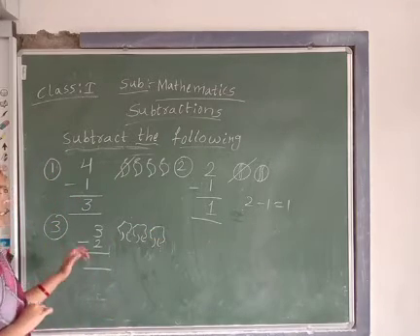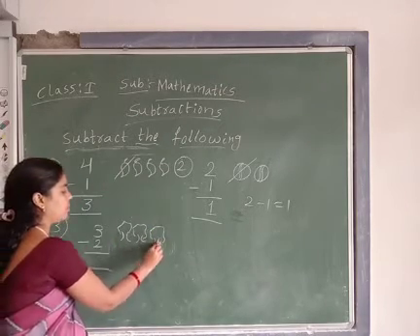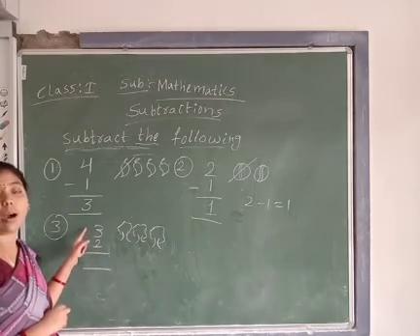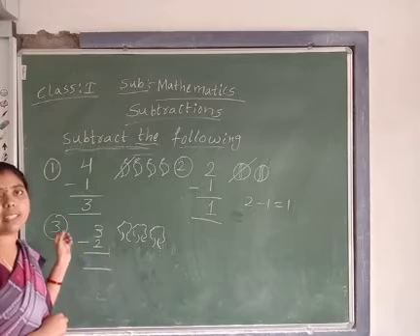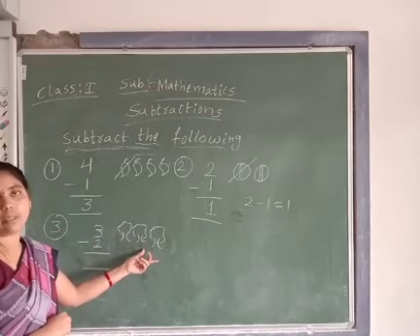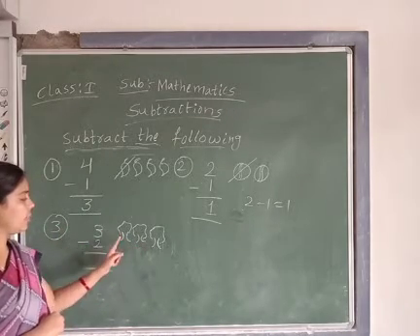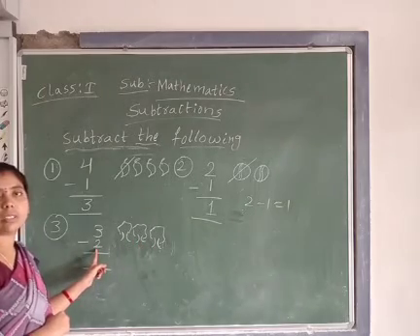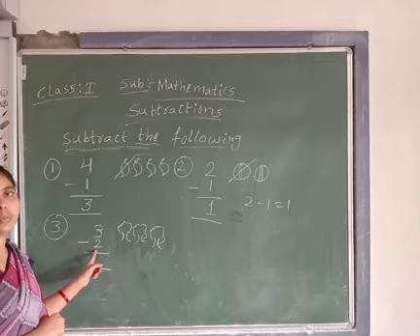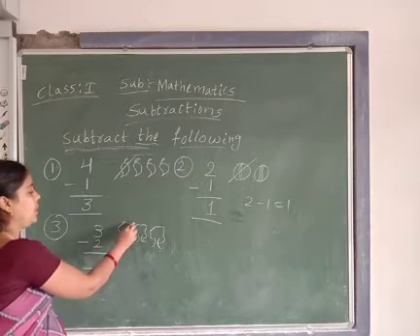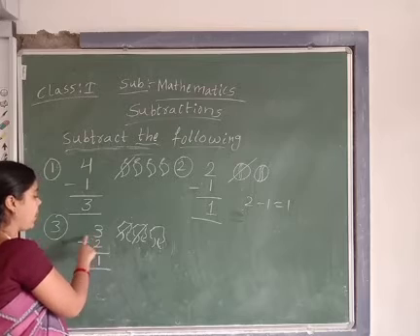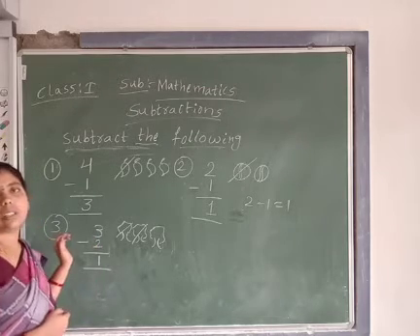So 3 trees. From this 3, 2 will subtract. The up number, which number is there, that many pictures we draw. So here 3: 1, 2, 3. Then the down number is 2. So 2 will be cut. So remaining 1. 3 minus 2 equals 1.